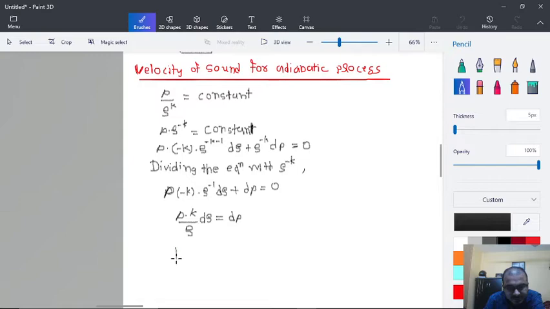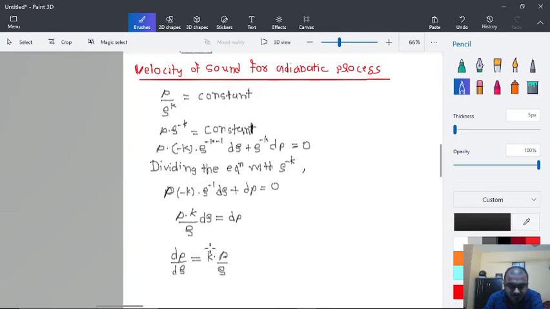So here dp by d rho is equal to k into p upon rho.